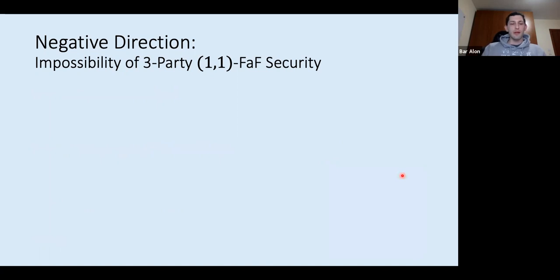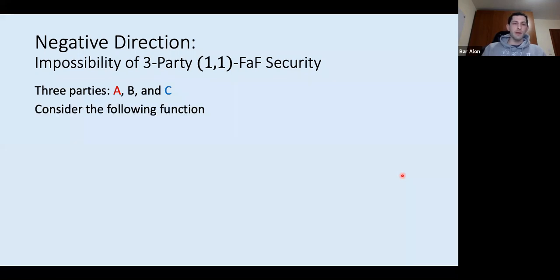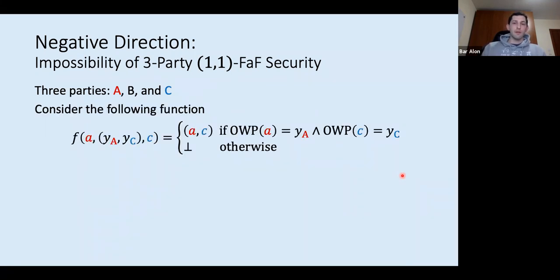Okay, so what's the idea behind the construction of the function? Let's give names to these parties, A, B, and C. So consider the following function. This function is defined as follows. The first and the third party, each of them will hold sufficiently long bit strings.